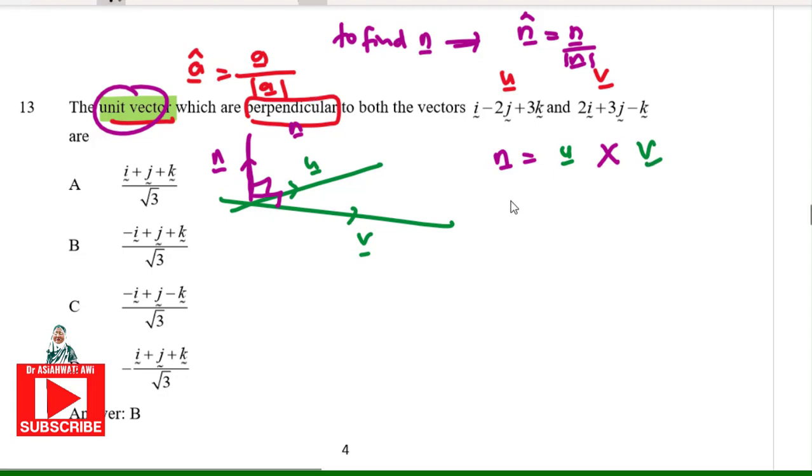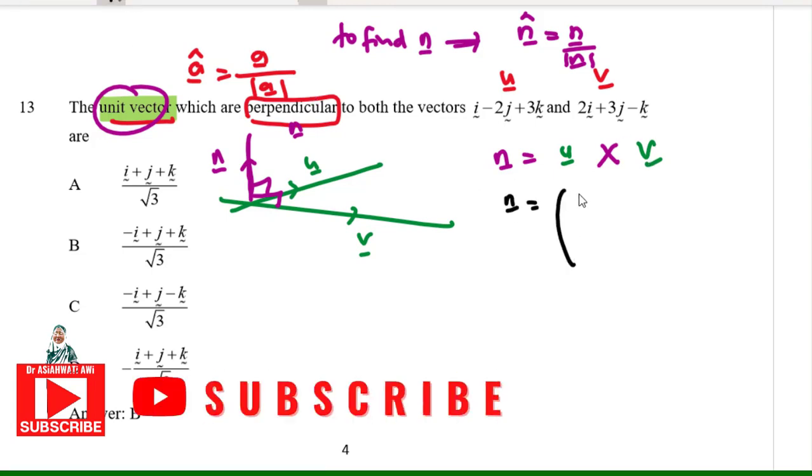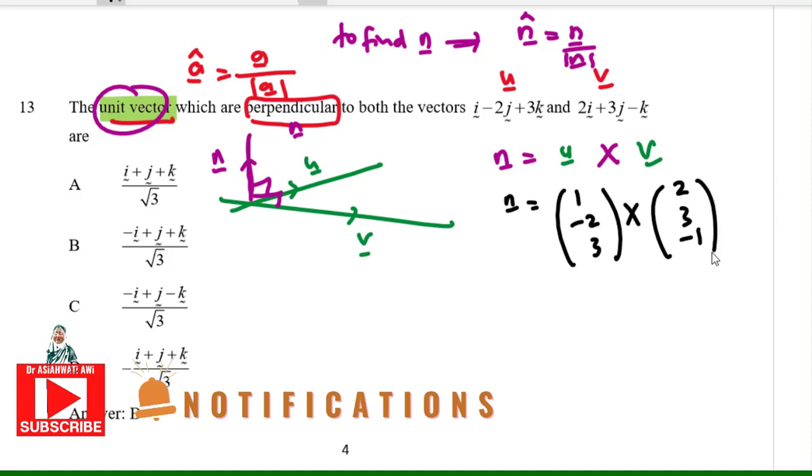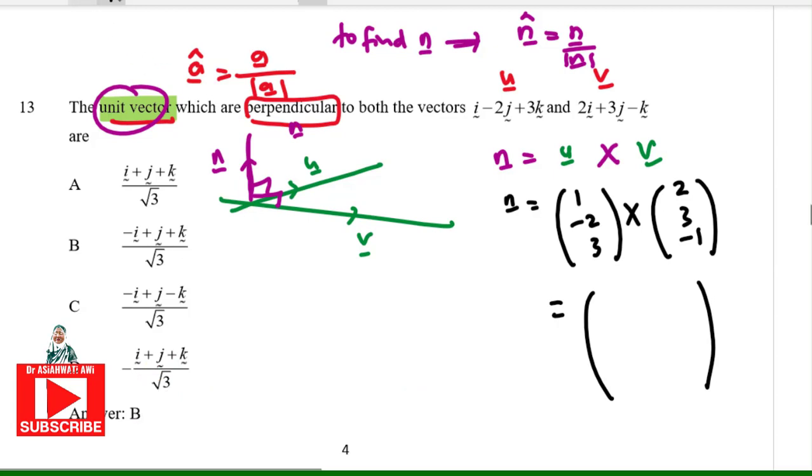N is equal to U, which is 1, negative 2, 3, cross 2, 3, negative 1. Using the determinant, cancel the I column: negative 2 times negative 1 is 2, minus 3 times 3, which is 9.